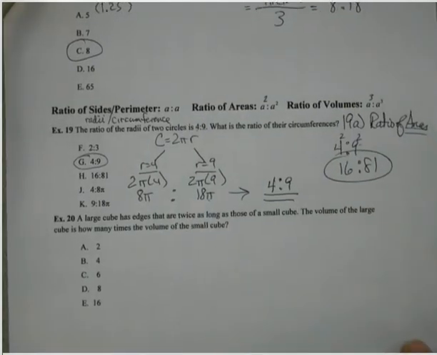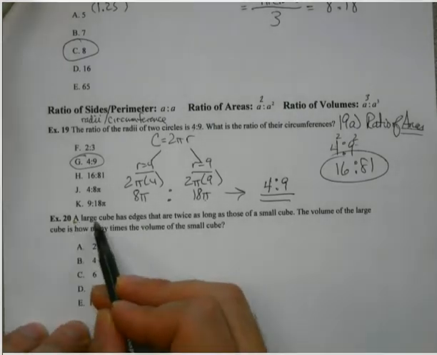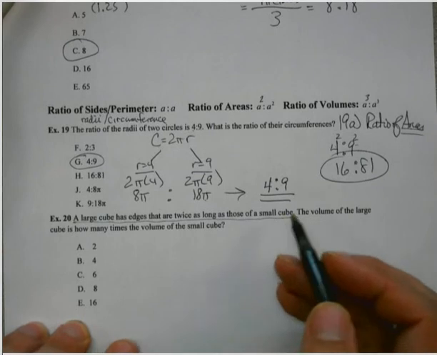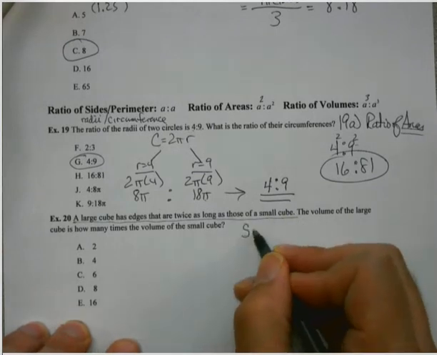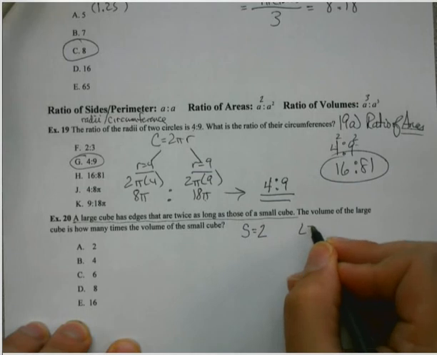So last one. A large cube has edges that are twice as long as that of a small cube. The volume of the large cube is how many times the volume of the small cube? That's a lot of stuff to keep track of here. The only thing I'm paying attention to is a large cube has edges that are twice as long as a small. So let's say the small is 2 and the large is 4.